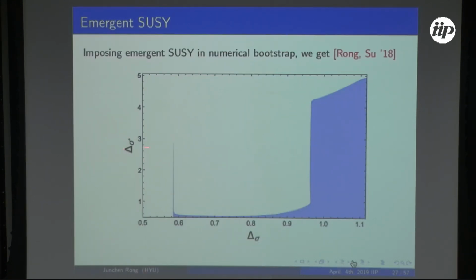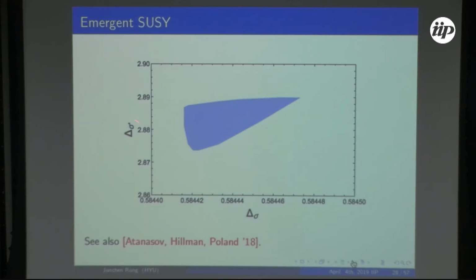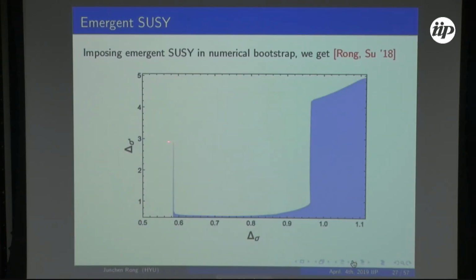This one I just bound the leading boson minus scalar operators, and this one I require to contain just one boson minus operator whose dimension is less than 3. I'm zooming in on this tip.